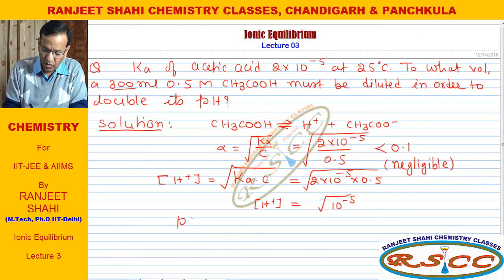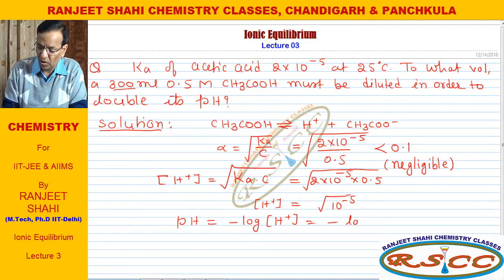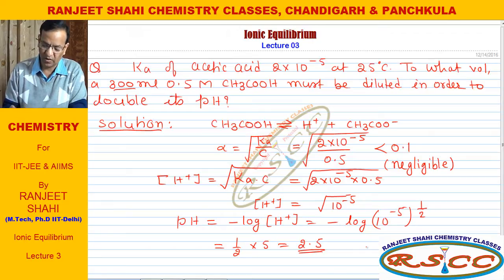If we convert it into pH, it will be negative log of 10 raised to the power minus 5 whole raised to the power 1 by 2. So it is going to be 1 upon 2 into 5, and the minus of minus 5 becomes plus. So it is 2.5. So the original solution pH is 2.5.